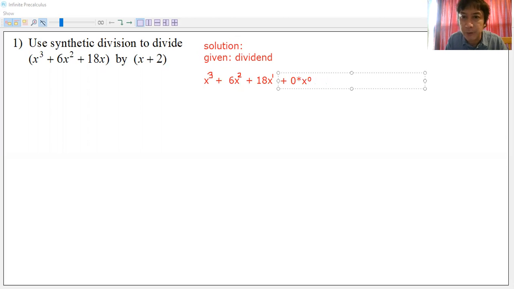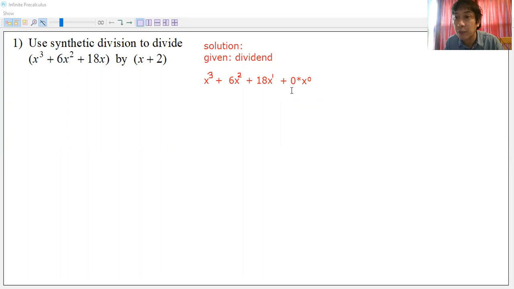You can do that by the Unicode. So this is 3, 2, 1, and then the exponent of the last is 0. So these are the exponents, and you will notice it's not there. That means the numerical coefficient is actually 0.